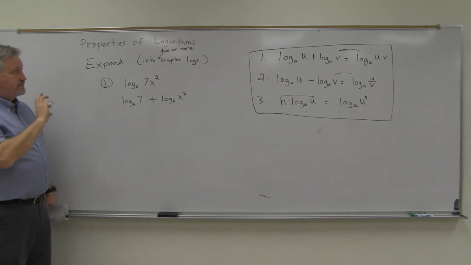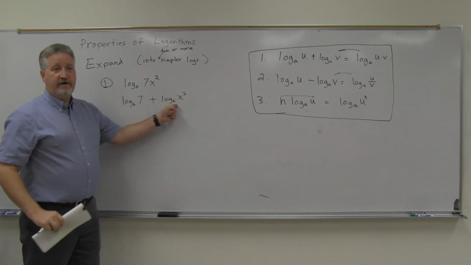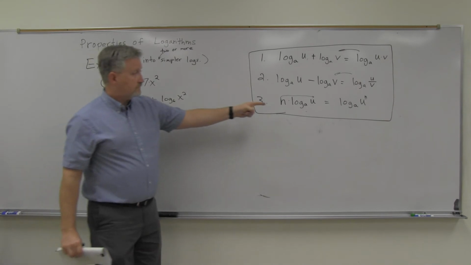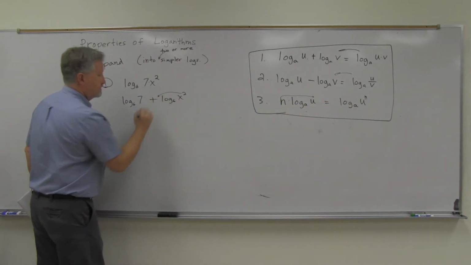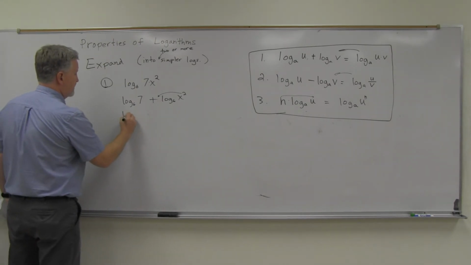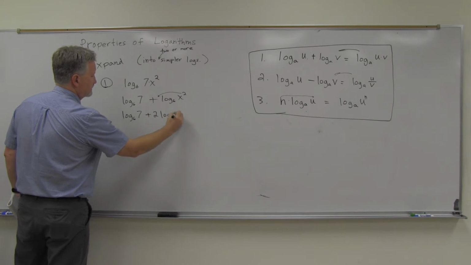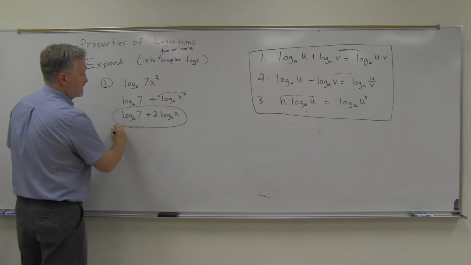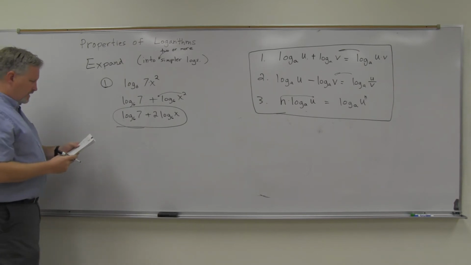And to be officially totally expanded here, by property 3, what can I do here? I can bring the power out, and it becomes 2, a number in front there. So it'd be log base 6 of 7 plus 2 times log base 6 of x. So that's what we do by expand.